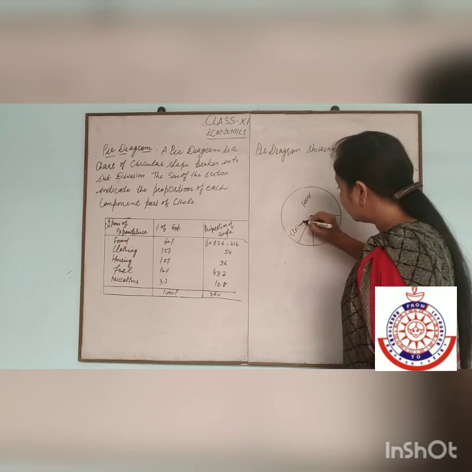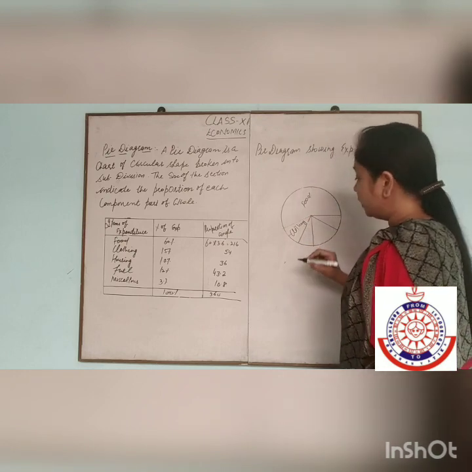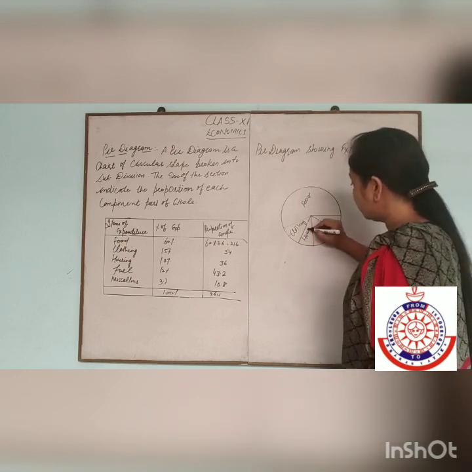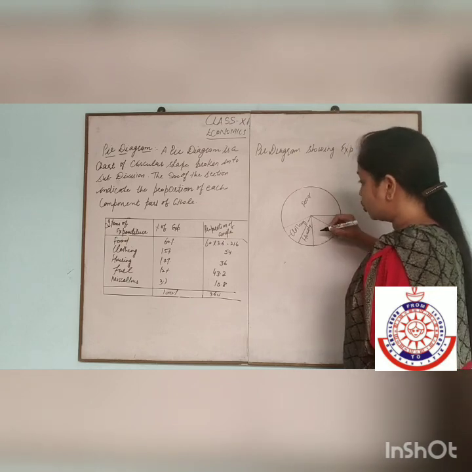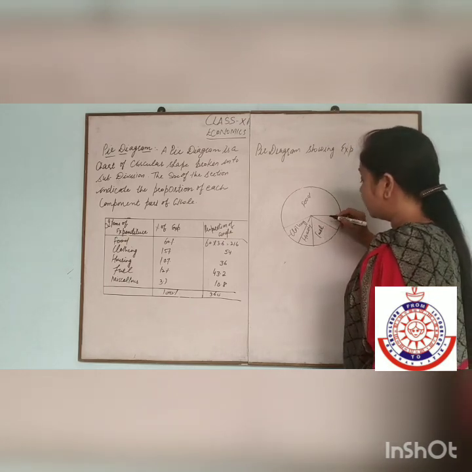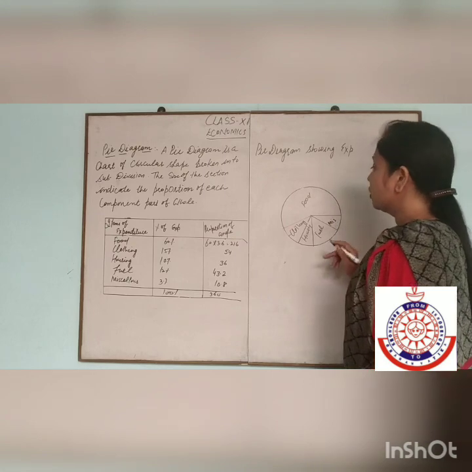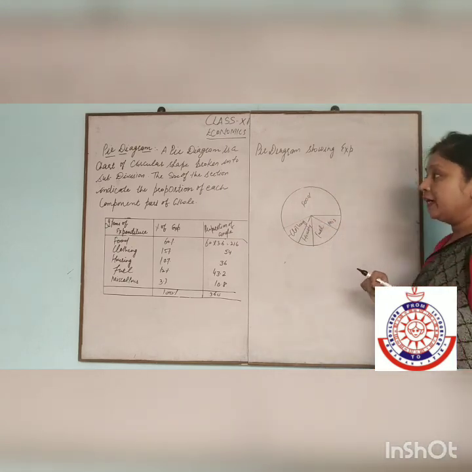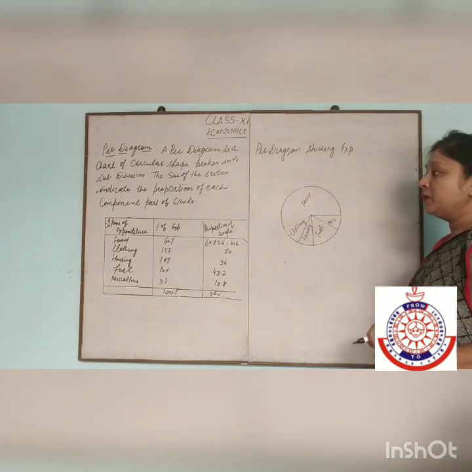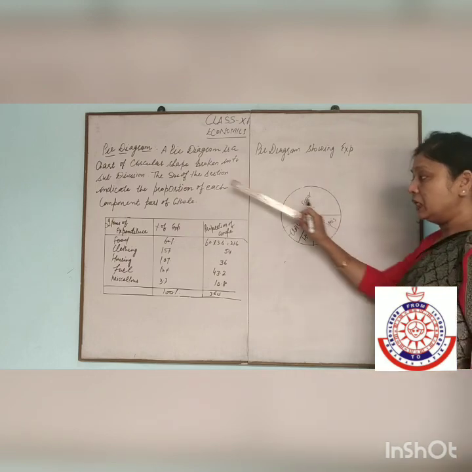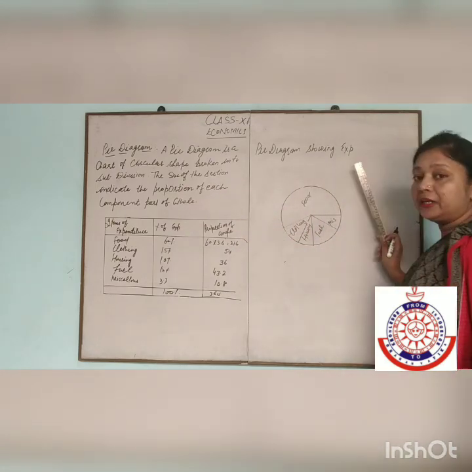This area shows the clothing items. 36, this area shows the housing, and this shows the fuel, and the rest is miscellaneous. So this is our pie diagram. Using a pie diagram, we can draw this table on the pie diagram.